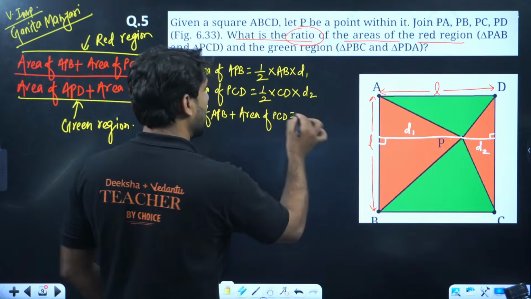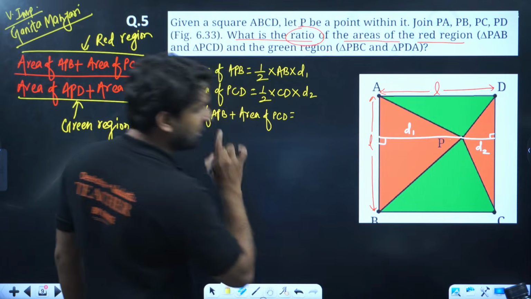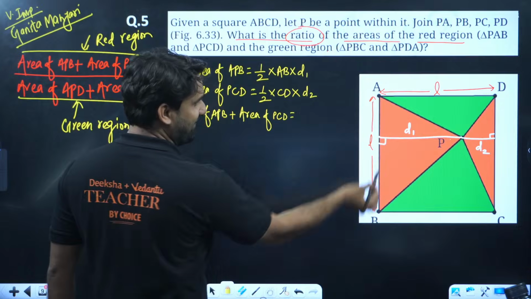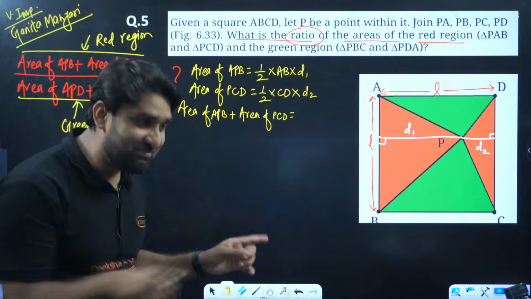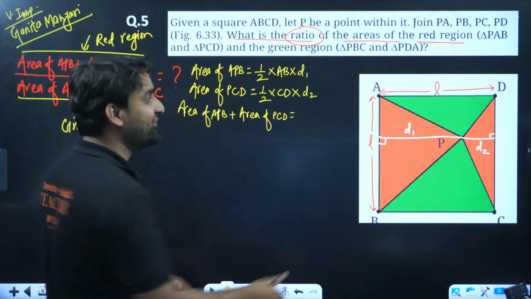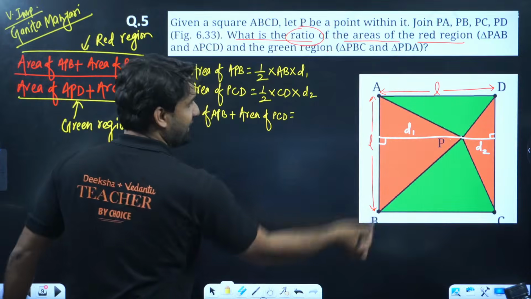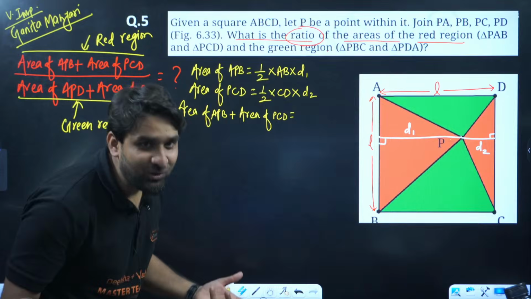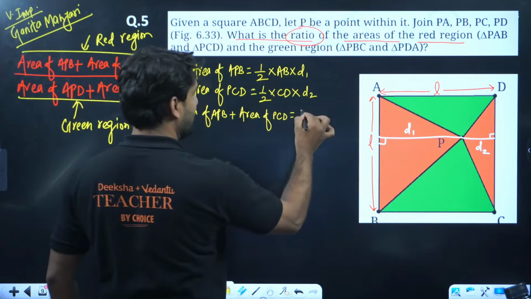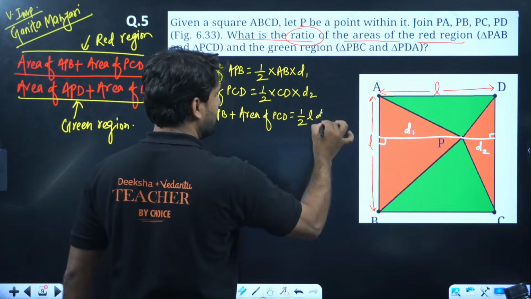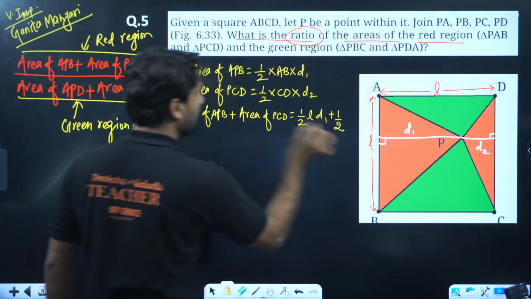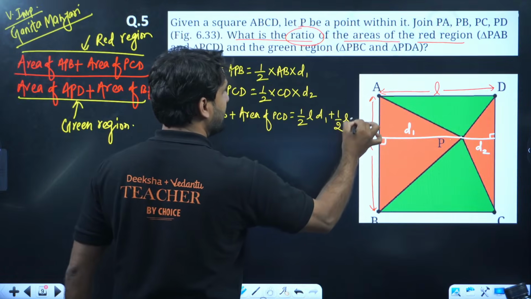On taking half common, look at champions, this is AB and this is CD and both are equal to each other because ABCD is a square. So on adding, 1/2 AB can be written as L D1 plus 1/2 CD can be written as L D2.